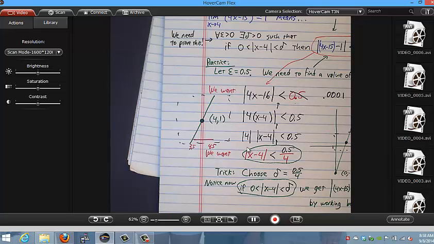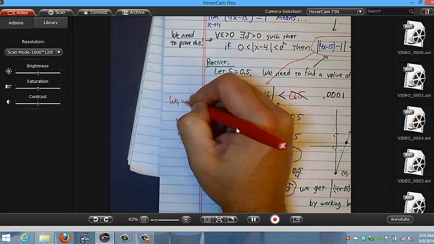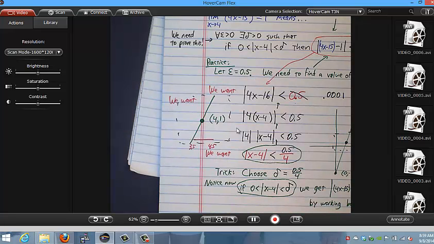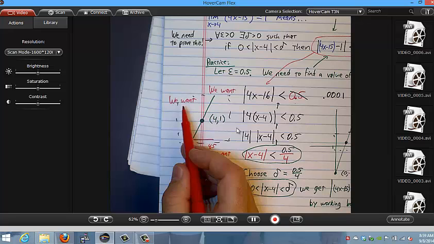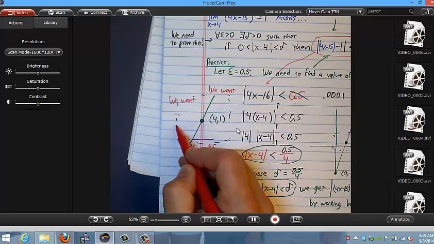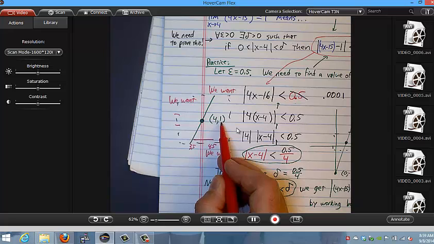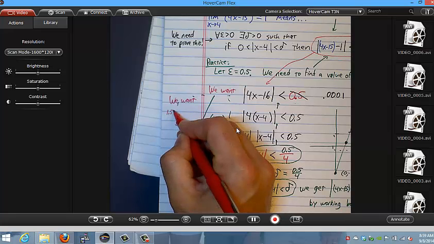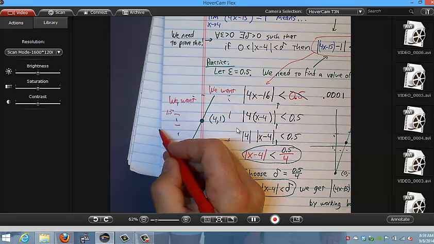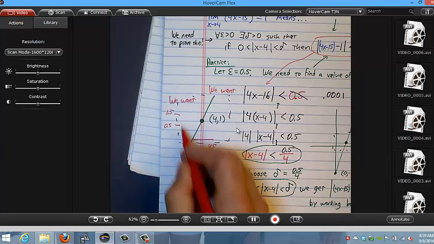That's not true. 0.5 was not the value of delta. What was 0.5 the value of? Epsilon. Sorry about that. So that meant we want the outputs to be between something and something here, right? If the limit we're saying is 1, what we wanted was the outputs to be between 1.5 and what else? 0.5, right? So they would be within epsilon of 1.